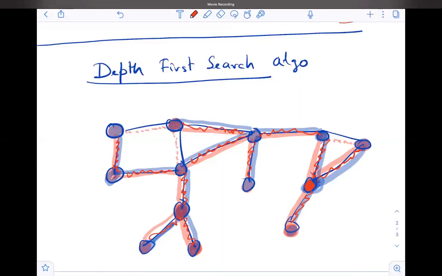Note that this set of edges is the spanning tree of this graph. The set of edges that was used to find some new untouched vertex gives us a spanning tree of this graph. Sometimes it is called the DFS tree.